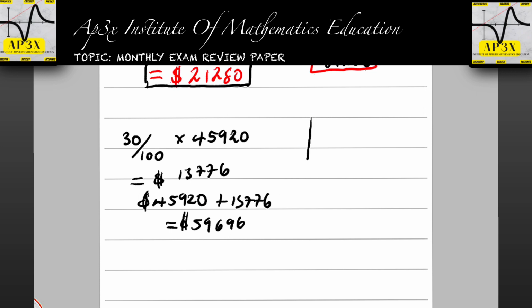We could actually get that 59,696 simply by adding the 30 to 100 and then dividing it by 100 and multiplying it by 45,920. And it would have given you directly here the answer of $59,696. All right, so that is how you would answer that question.